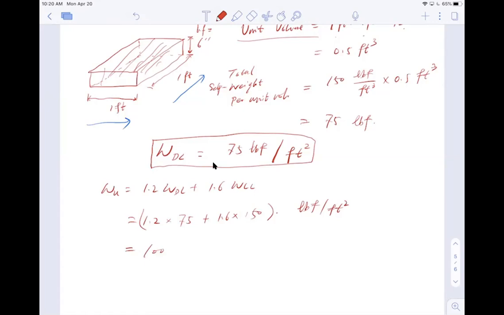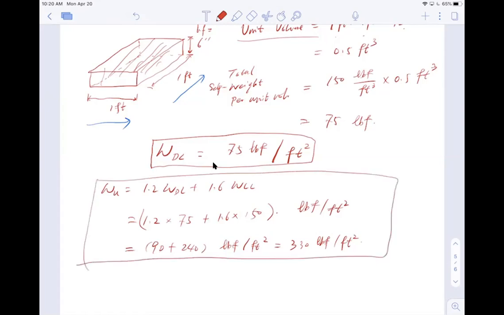My brain is not working today. 1.2 multiplied by 75, oh, 90, yes, close. So 90 plus 1.6 times 150, this is 240, and this is pounds per square feet. So I got 330 lbf per square feet. All right, so this is the final factored load for the slab.